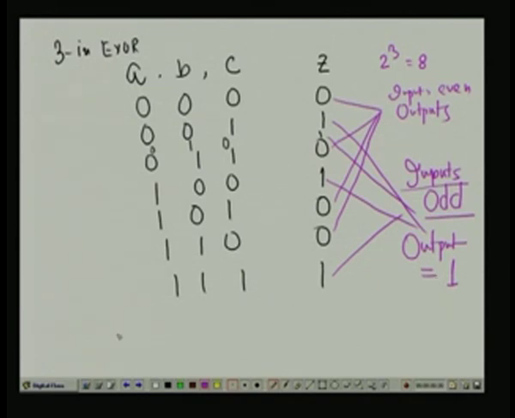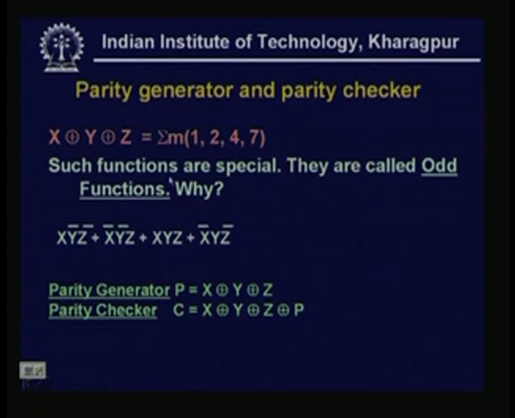So, a 3 input XOR is a 3 variable odd parity generator. We have already read that if we draw the Karnaugh map, the min terms 1, 2, 4, 7 will exist.